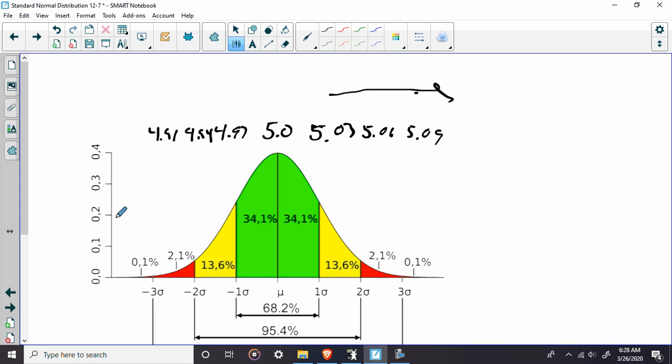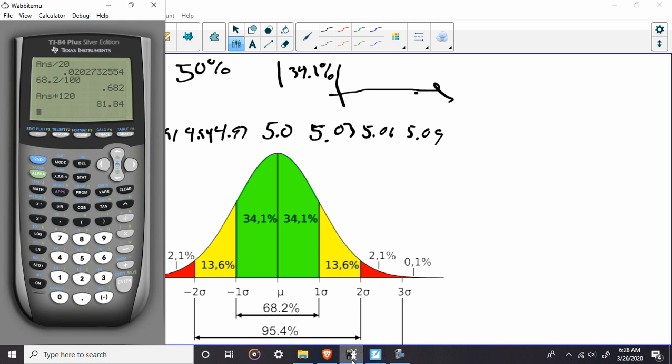So as we were doing the last couple days, it's 50% up to the middle, and then another 34.1% here. Now what we're going to have to do is, if this whole thing is 100%, and we want to know this part, we're going to take the 100 minus the 50 minus the 34.1. Okay, so we're going to do 100% minus 50 minus 34.1.